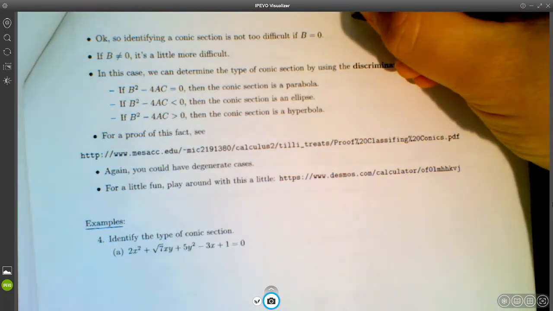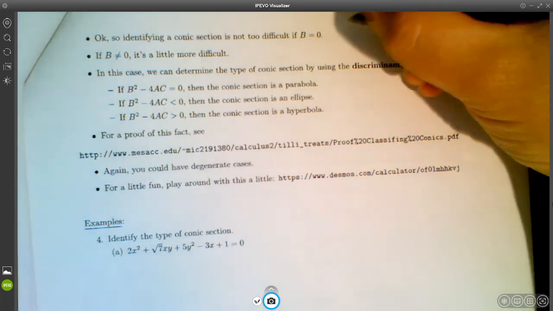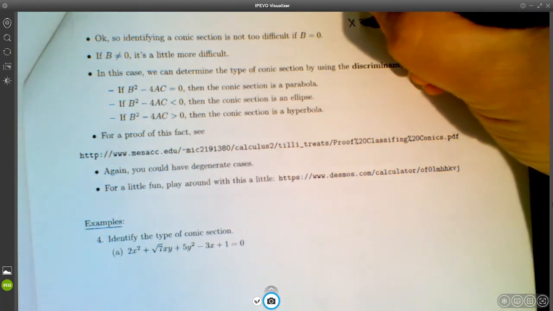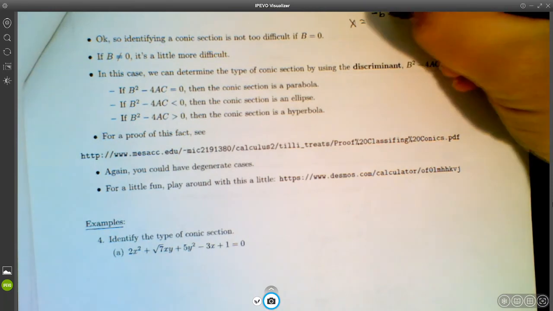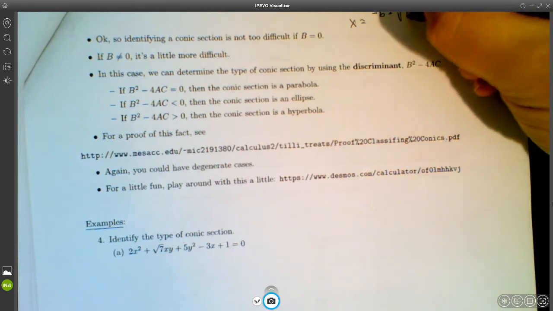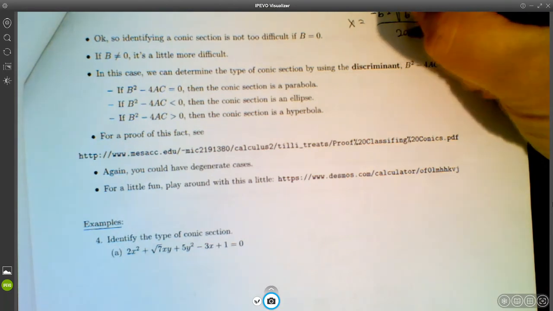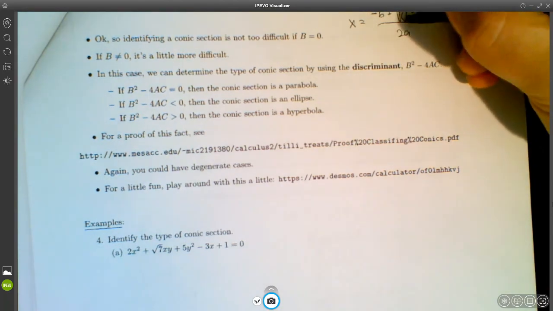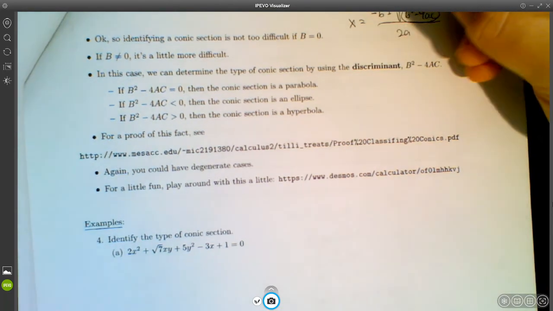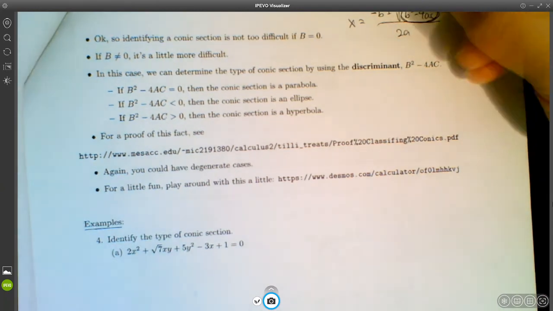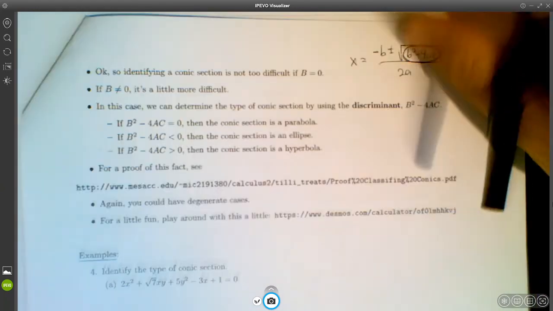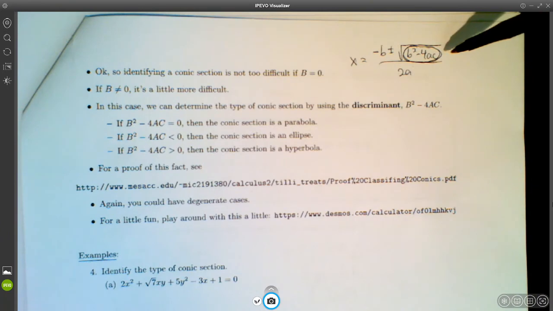If you're looking at the quadratic formula, x equals negative b plus or minus square root of b squared minus 4ac over 2a, the stuff inside of the square root is called the discriminant. When you're dealing with quadratic equations, the discriminant tells you the number and type of solutions that you can expect to have.